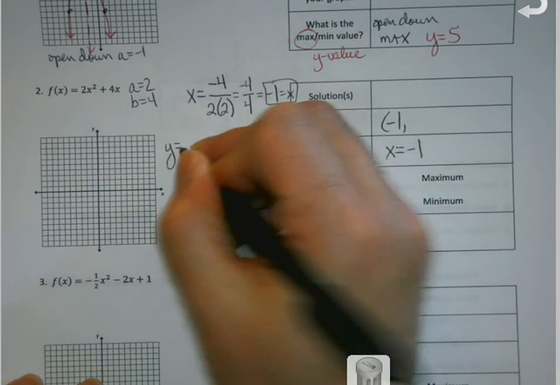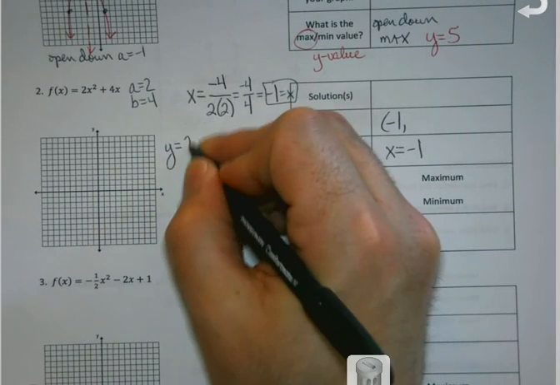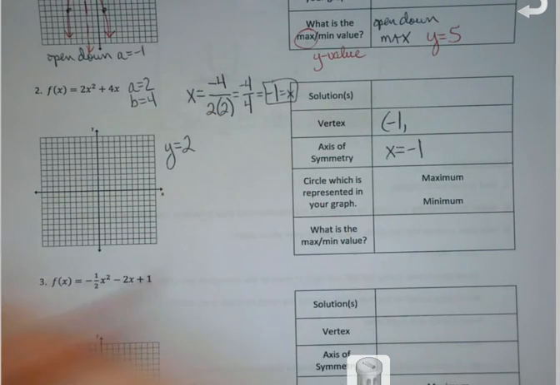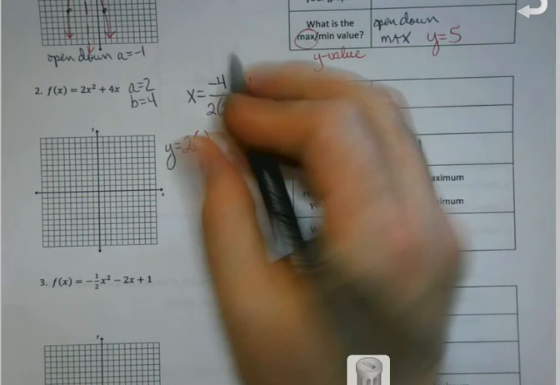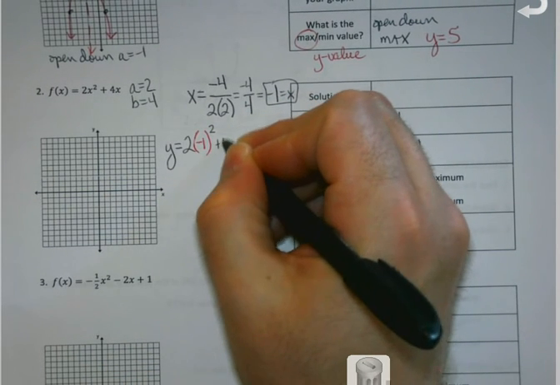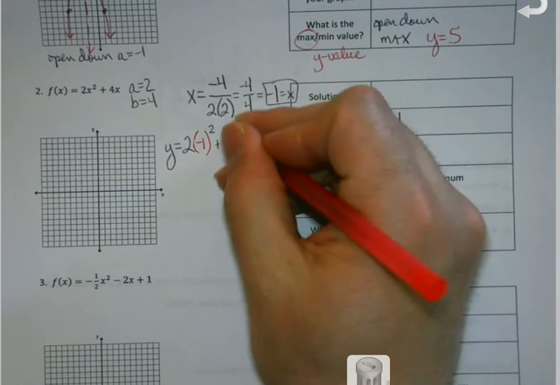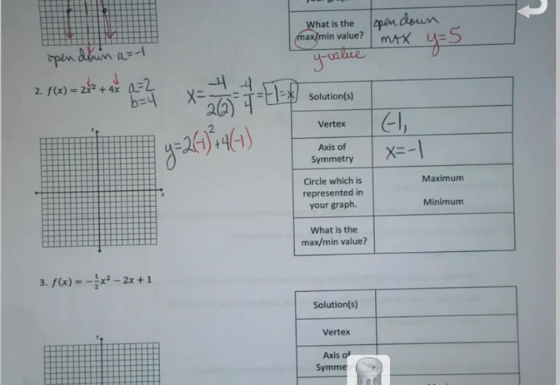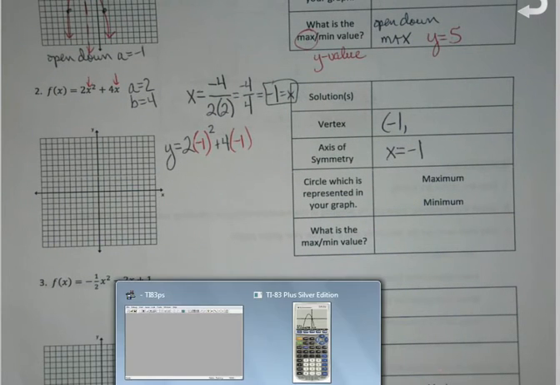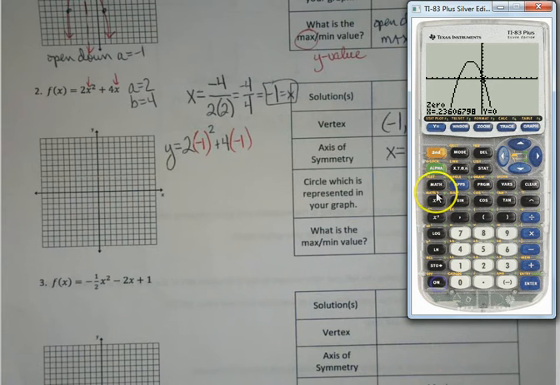Then to get y, I'm just going to work with this initial equation, and plug in that x value every time I see an x. And I will let the calculator help me crank this out to make sure I do it right.